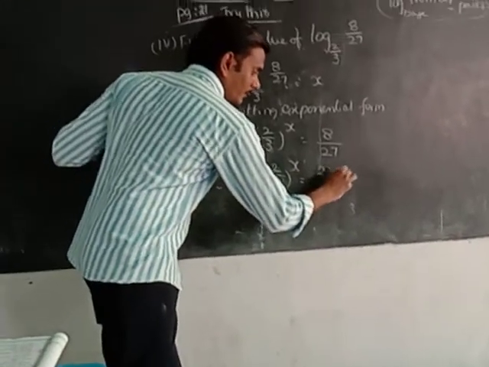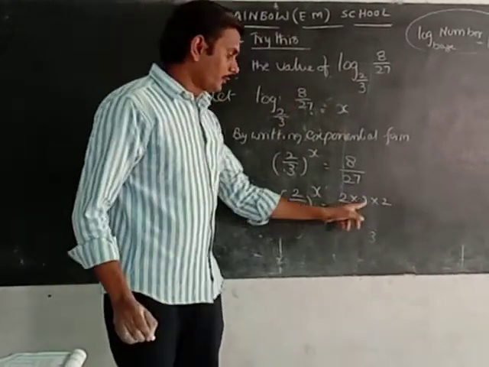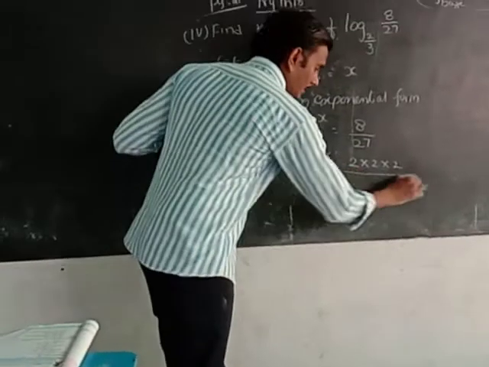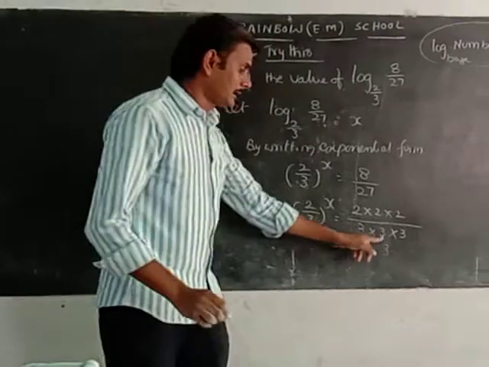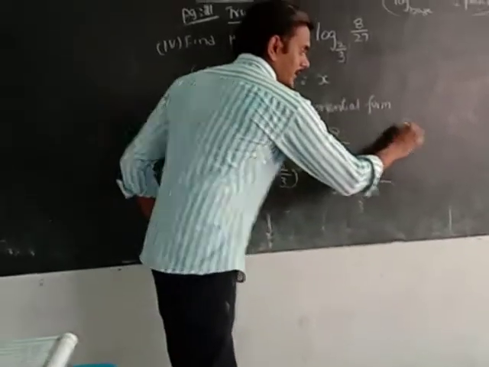We can write 8 as 2 multiply 2 multiply 2: 2 twos are 4, 4 twos are 8. 27 we can write as 3 into 3 into 3: 3 threes are 9, 9 threes are 27. Actually we have to take factorization like this.